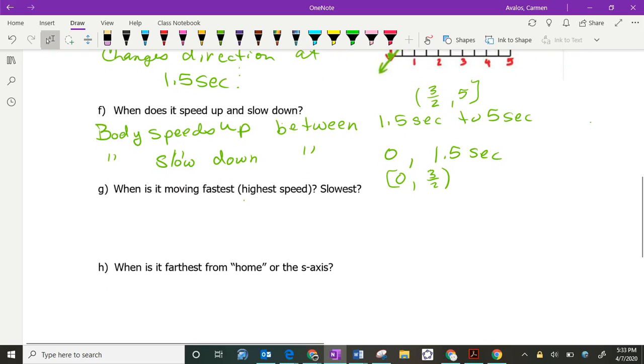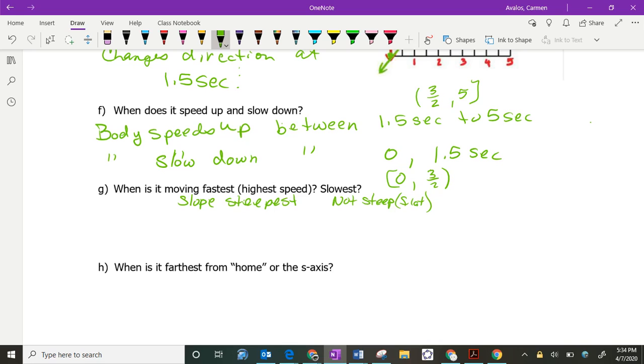Okay, so when is it moving the fastest, the highest speed? The highest speed or the slowest speed is talking about the velocity again. When is the slope the steepest? Or when is it flat? Or the min and max, right?